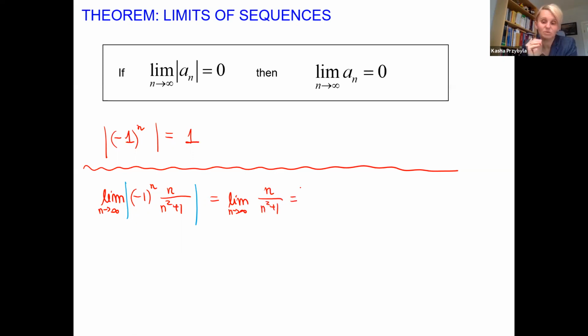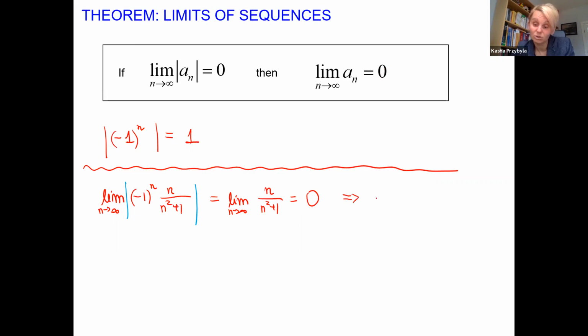And what is this limit? n over n squared. We remember which function grows faster, n or n squared? n squared, which means the denominator is winning. If the denominator is winning, what's the answer for the whole fraction? 0. That means we did get 0.